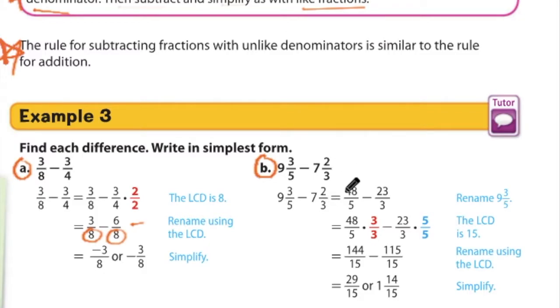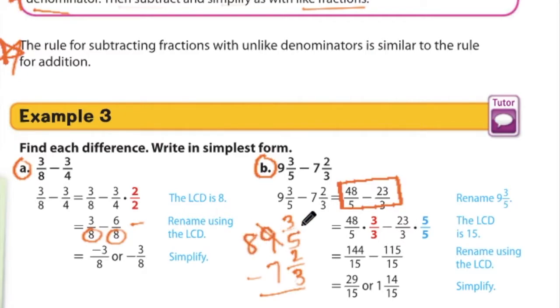For mixed numbers, we're going to have to either rename them as improper fractions, or we can set them up another way like this: 9 and 3/5, take away 7 and 2/3, and we can subtract them by borrowing from the 9. But before we do that, we have to find the common denominator here of 15.